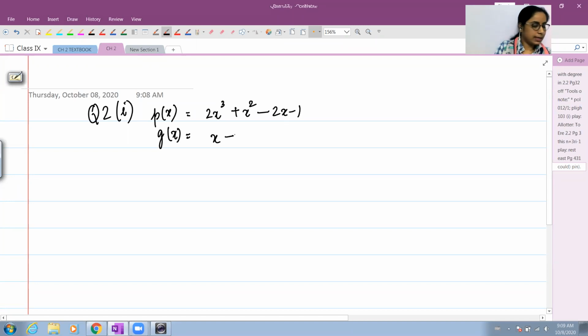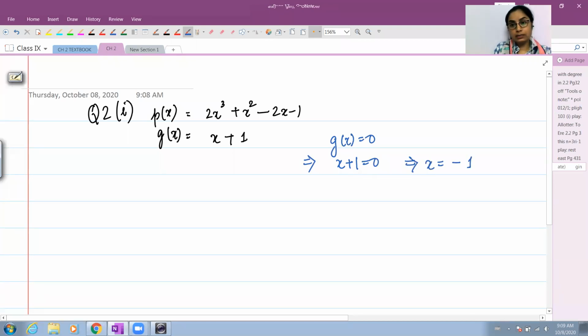And gx is x plus 1. And I'm going to follow the same steps. Take gx equals to 0, x plus 1 will be equal to 0. And from here, I get the value of x as minus 1. I'll be putting this value in px. This is the remainder obtained when px is divided by gx.